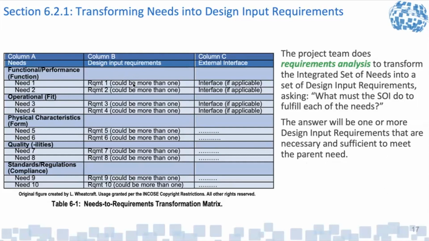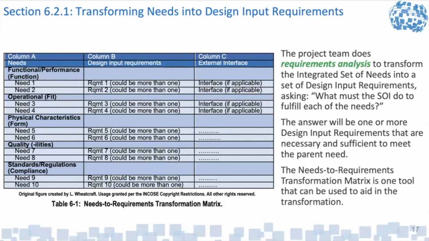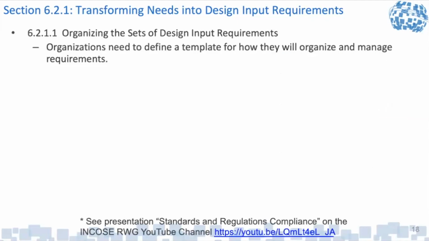And then if that requirement involves interaction with some other entity, then we're going to start filling out column C with the external entities and what the interactions are to make sure that we cover all the interfaces. And this needs and requirements matrix is one tool that people find useful for doing that transformation of the needs into the design input requirements.